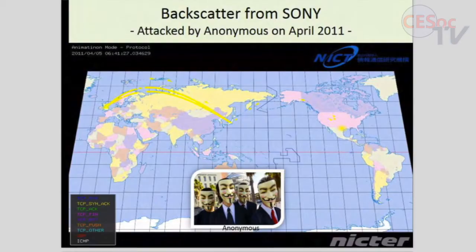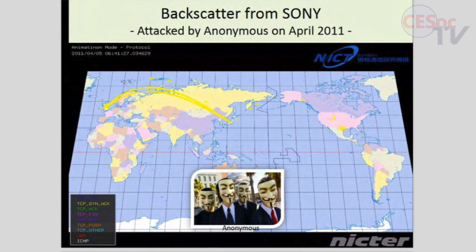The yellow one is backscatter, where the target server is located in the United States, California, at Sony Enterprise, and a Florida daughter company, or another daughter company in the UK, also got our DDoS attack.